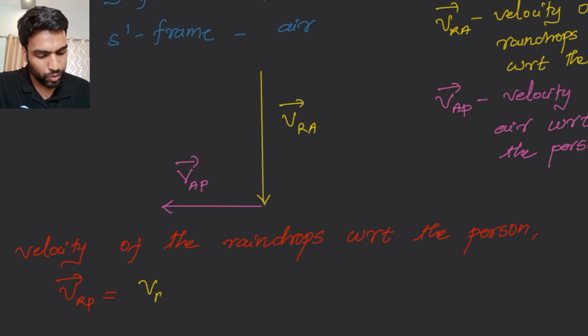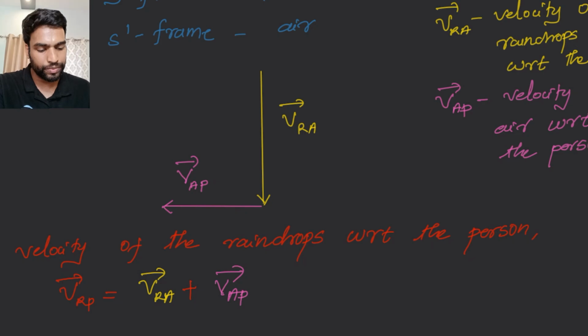This must be equal to VRA plus VAP. Again, the Galilean transformation. Okay, right. So, of course, we have to use again the head to tail method.